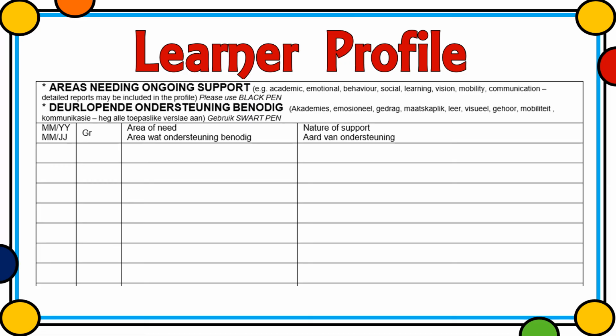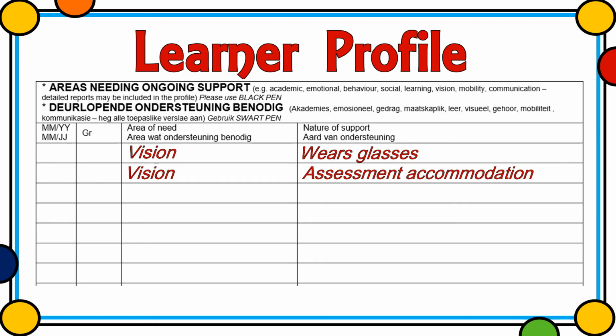Areas needing ongoing support. Area of need could be something like vision, which would be a physical challenge. And then we would say that the child needs to wear glasses. Or the child needs an assessment accommodation, where we either enlarge the print or where somebody reads the child's assessment to him or her.